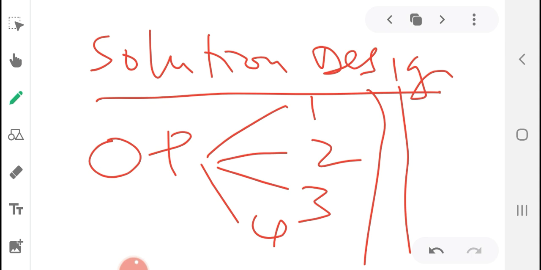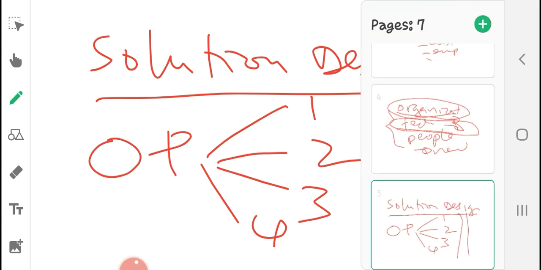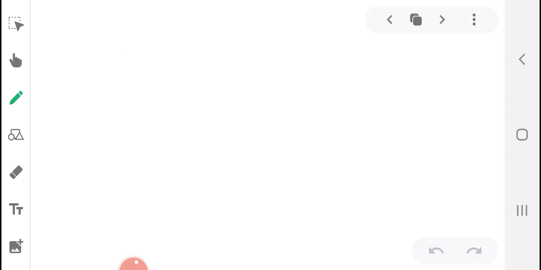You can emphasize the solution on technology, or on organization, or on the people aspect of that problem. So that is the second step. The third step is what we call choice.